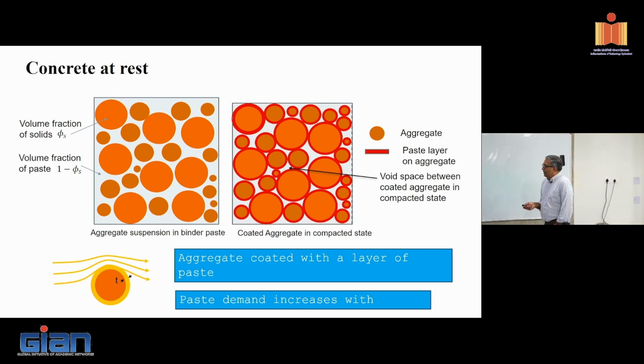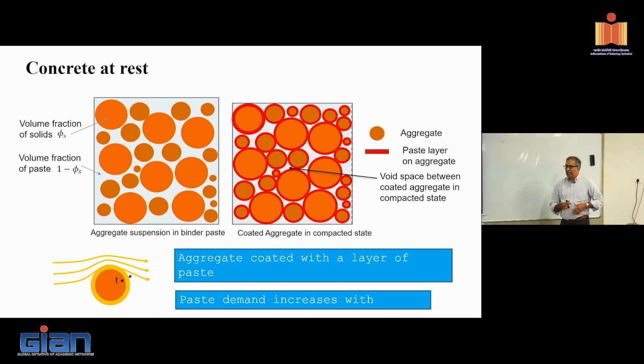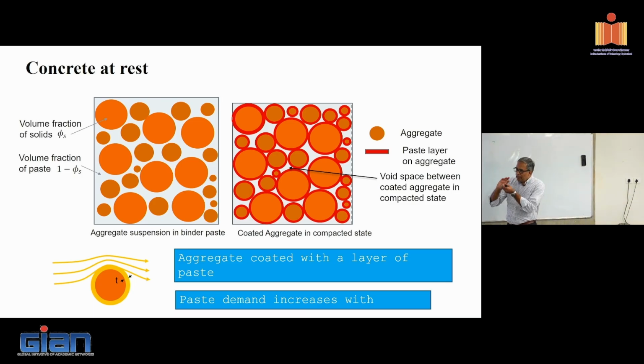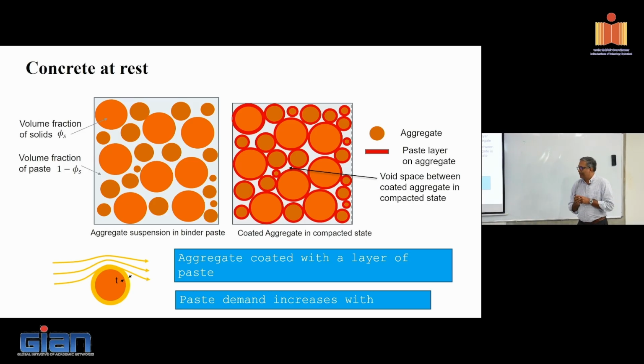So if I look at concrete now, going back to my basic definition, these are aggregate, this is cement paste. What happens in reality is when you mix the concrete, the aggregate get coated with this paste layer. There's a thin layer of paste that forms around the aggregate. When you whip this in mixing action, the aggregate are churned along with the paste, so all the aggregate get coated with a layer of paste, just a fraction of a millimeter to a millimeter thick.